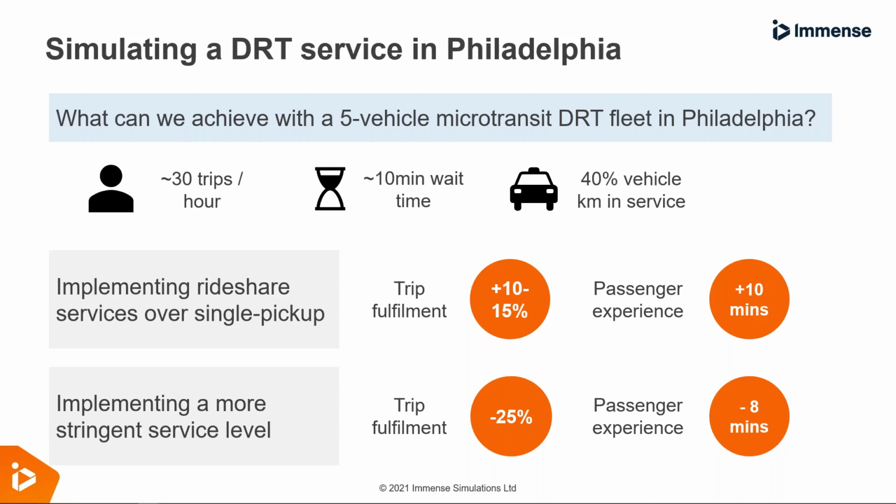And we find when we implement a more stringent service level, such as trying to fulfill all trips within 5 minutes, our fulfillment drops again, in this case by a quarter, but the passenger experience improves by saving us 8 minutes.